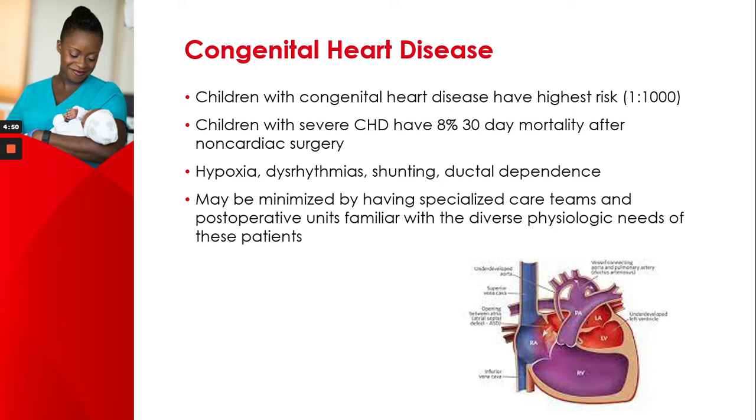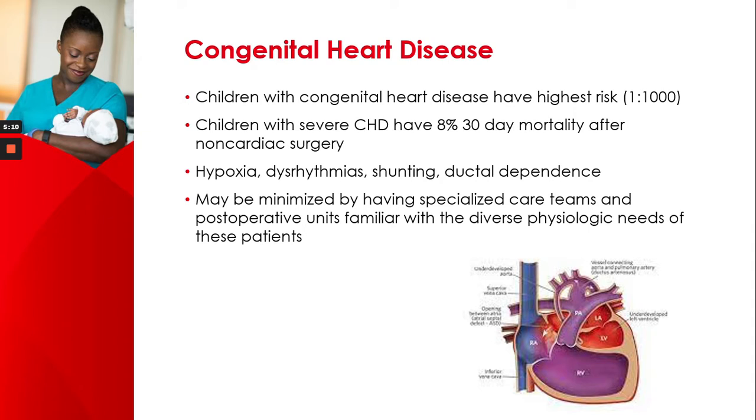The cause of cardiac arrest in these children with congenital heart disease is multifactorial, but they're at risk for dysrhythmias. Those with shunt-dependent lesions can develop hypoxia. Those with surgical shunts are at risk for clotting of these.